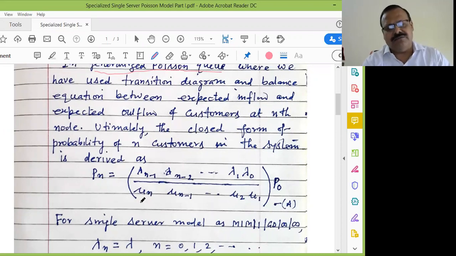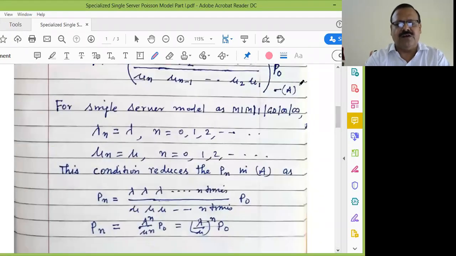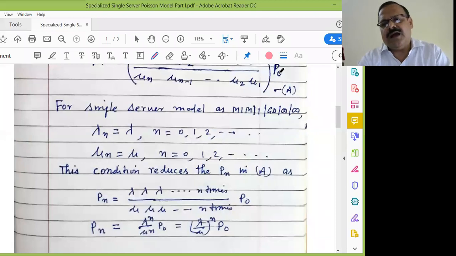So in terms of the number of arrivals, it is n in both cases, and this is P naught. P naught was observed to be the value coming out of the sum total of Pn equal to 1 for a single server.